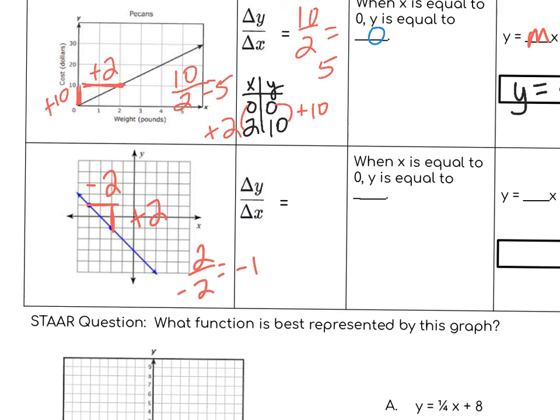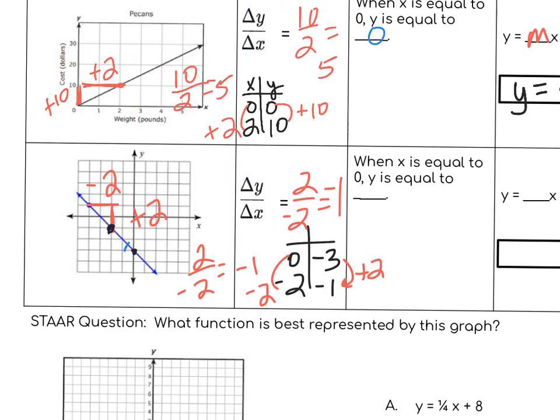If I use a table, I need to go find some points. I'm going to use that one, and I'll use that one. So that's at 0, negative 3, and that's at negative 2, negative 1. And I see that this increases by 2, while this decreases by 2. And again, 2 over negative 2 will give me negative 1.